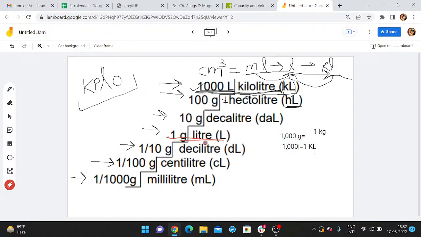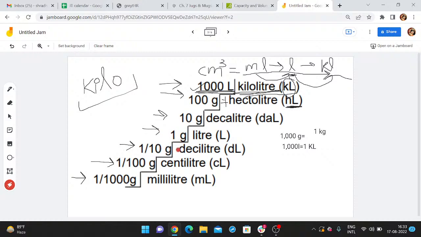Only the unit is the same, but the meaning comes out to be one. So both of them are almost equal. So 1 gram is 1 liter. If we put 1000 grams here, that will be equal to 1000 liters. Liters is basically for liquids and gas, and these are for solids.